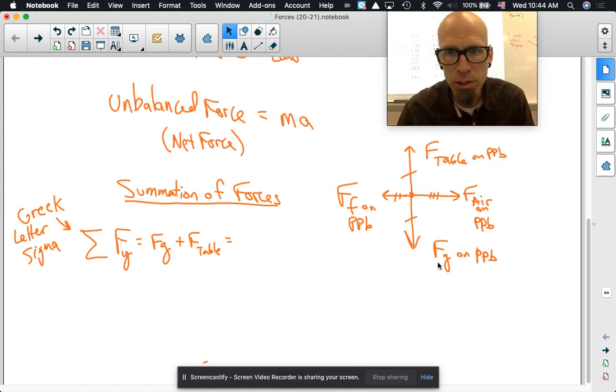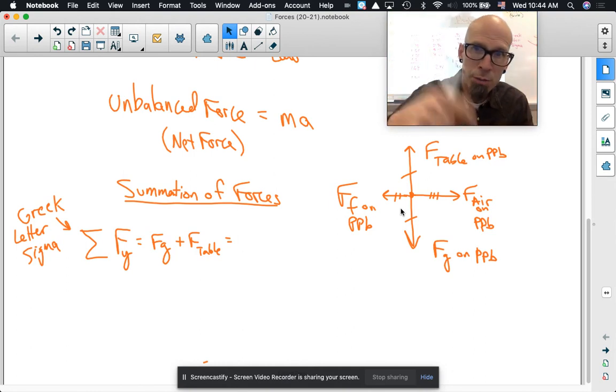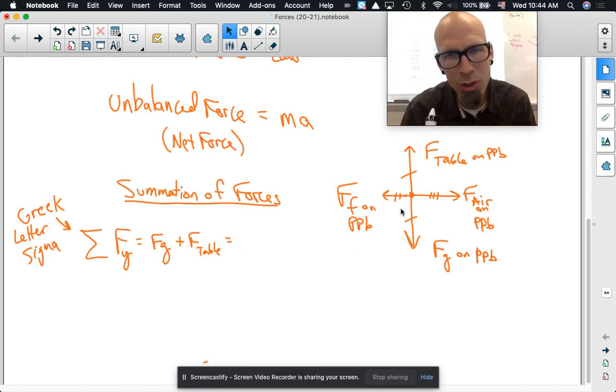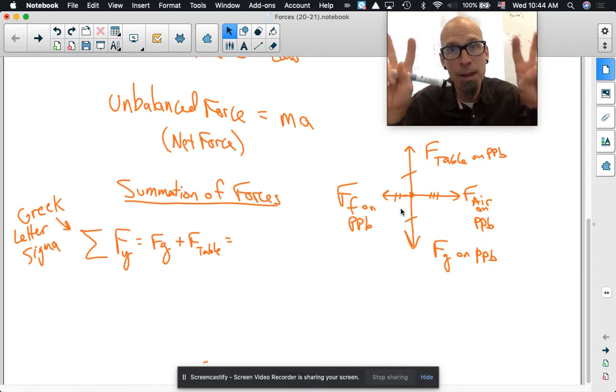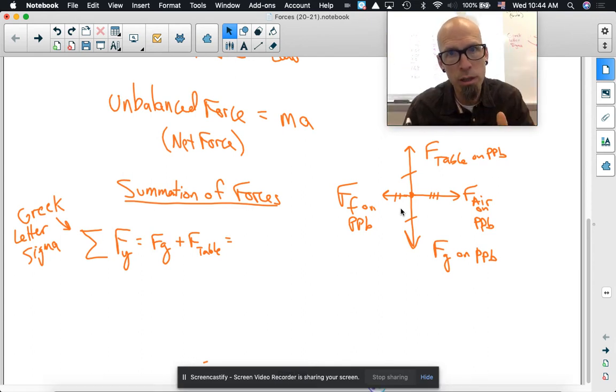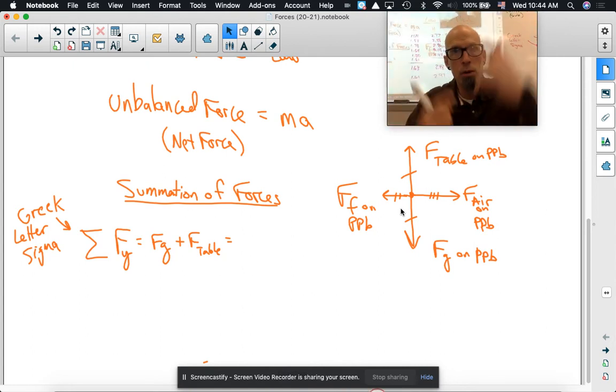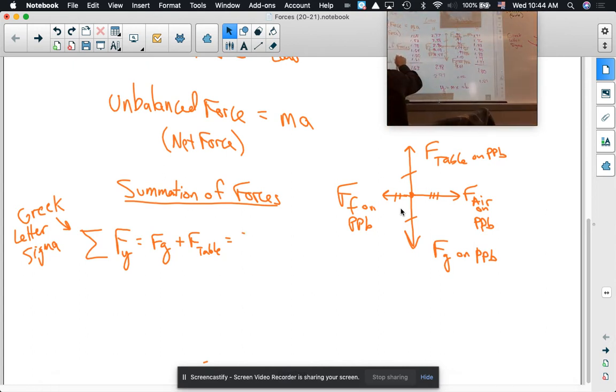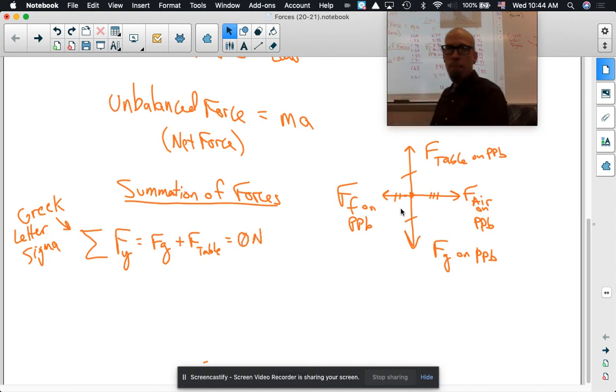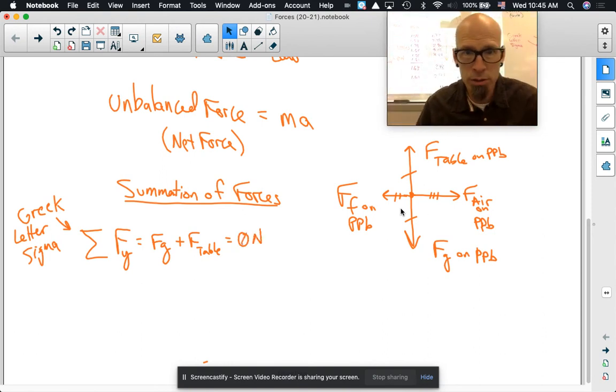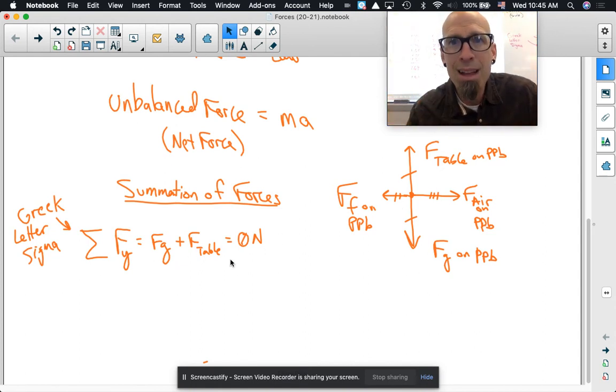But they're opposite direction, which means one of them has to be what? Negative. Typically, we would say that the downward direction would be negative and the upward direction would be positive. And so if they're the equal amount, but one's positive and one's negative, when you add them up, what do you get? Nothing, right? We would say that they cancel each other because we have a positive and a negative that are both the same amount. So we would say that that is 0 newtons. When you add up the forces that are balanced, they add up to nothing, okay?